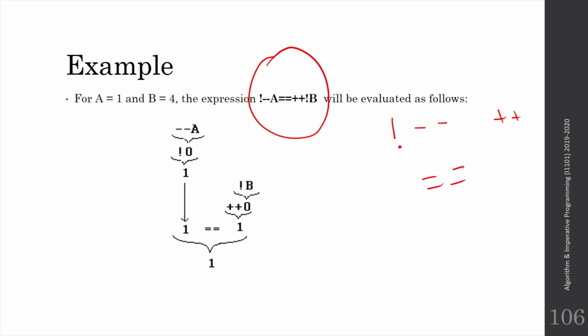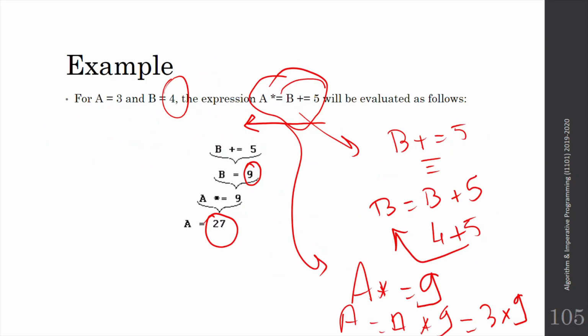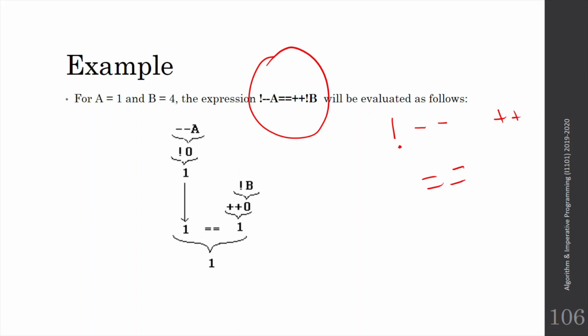Going back to the priorities, the exclamation mark, plus plus and minus minus are stronger than the equal equal. So first we evaluate the exclamation mark, plus plus and minus minus, and then the double equality. So we have this one and this one.